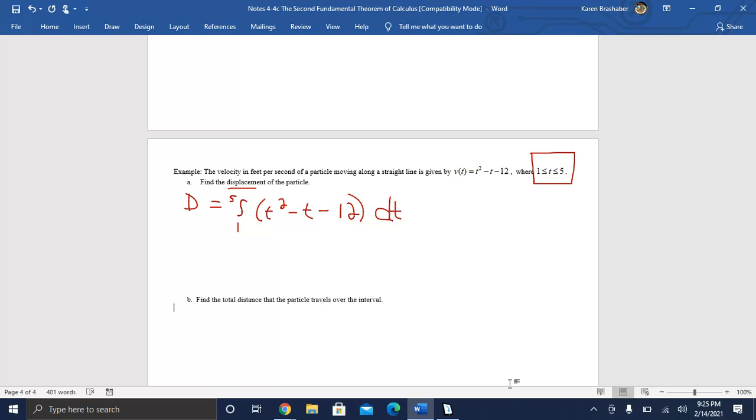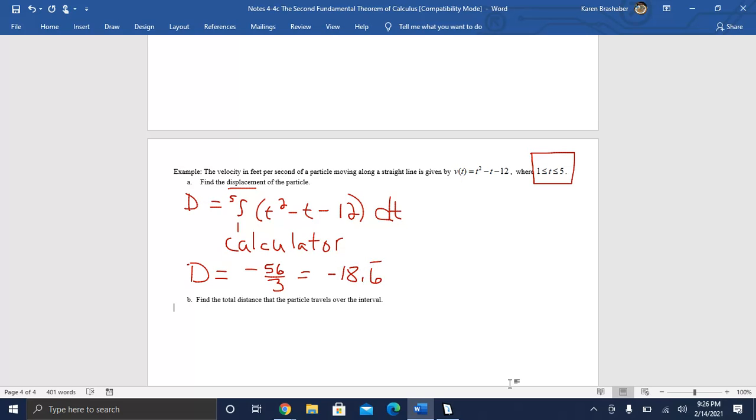So you just will use your calculator and you will find that the displacement is negative 56 thirds, or negative 18.6 repeating.